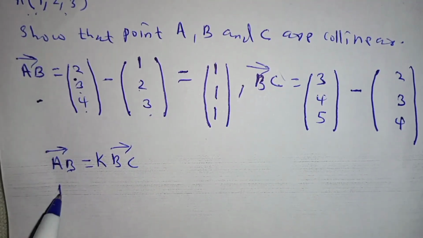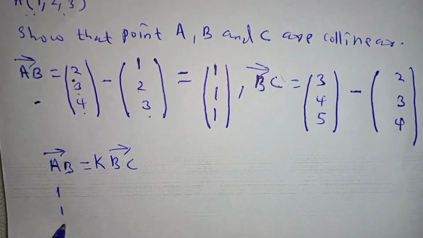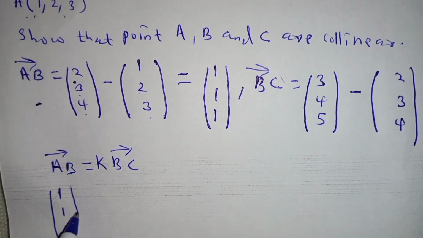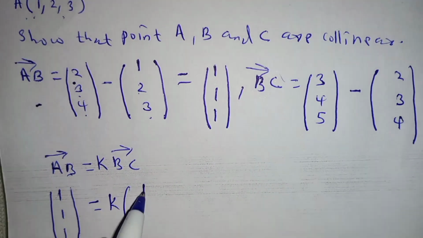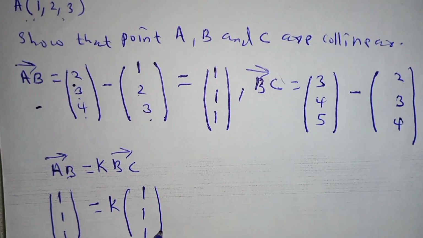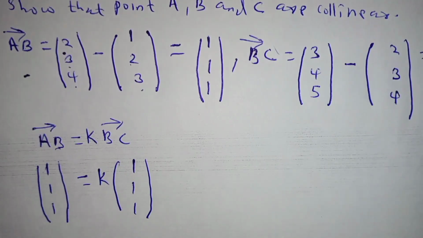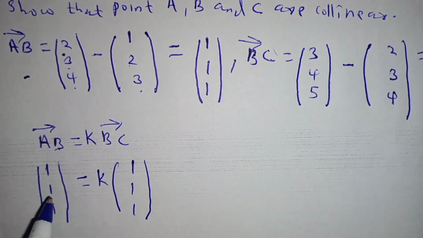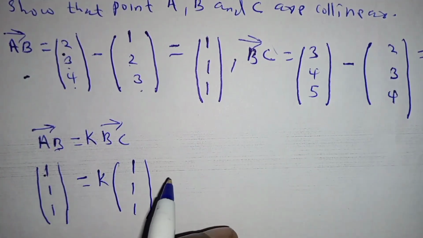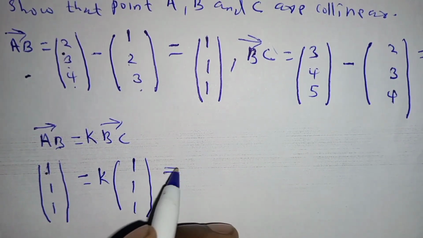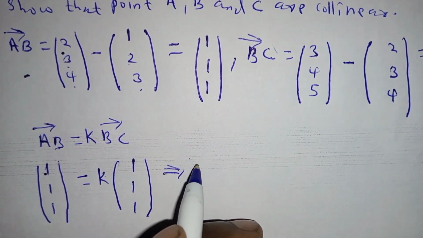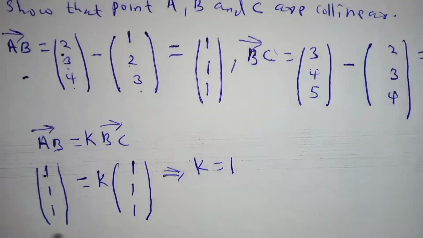Your AB is (1, 1, 1), which is equal to K into bracket (1, 1, 1), where K is a scalar quantity. Then the objective is to obtain the value of K. So 1 is equal to K, which implies that K is equal to 1.